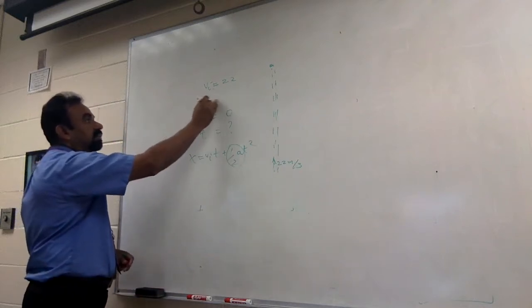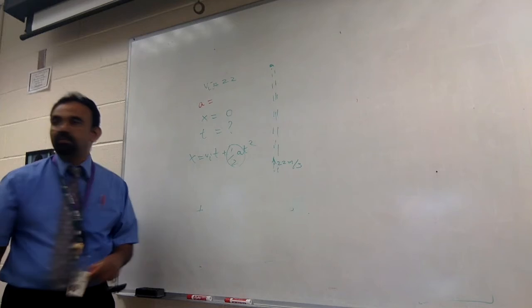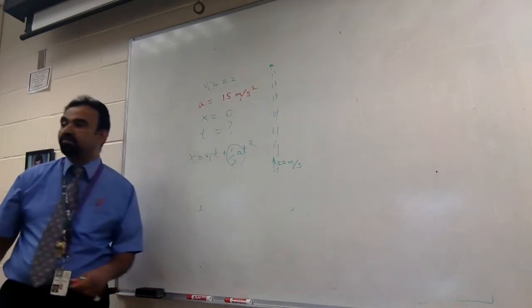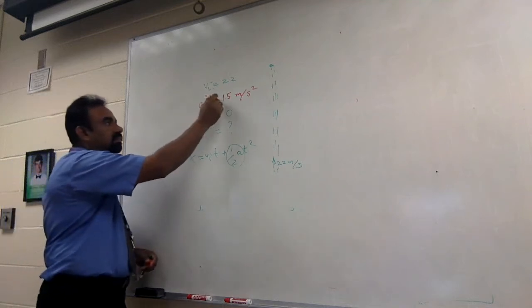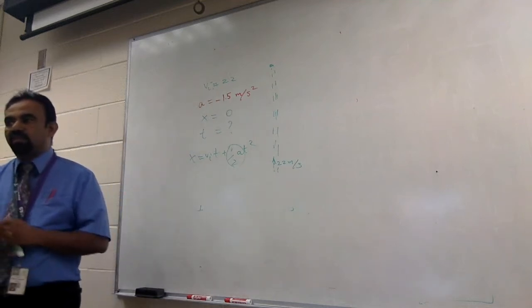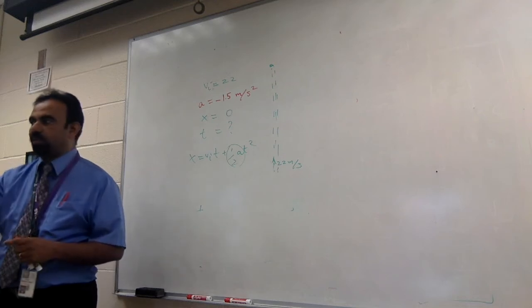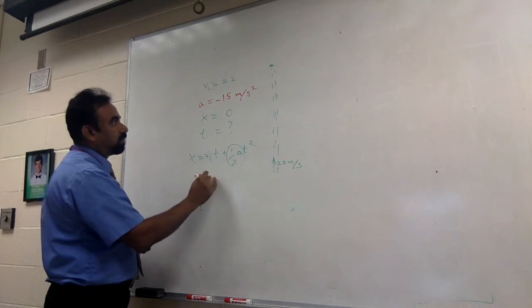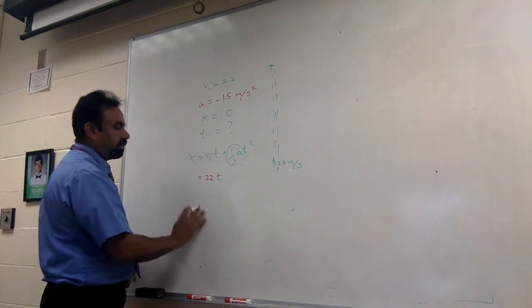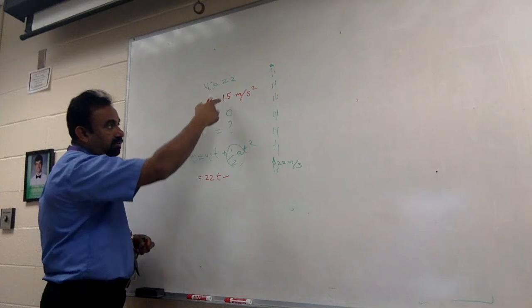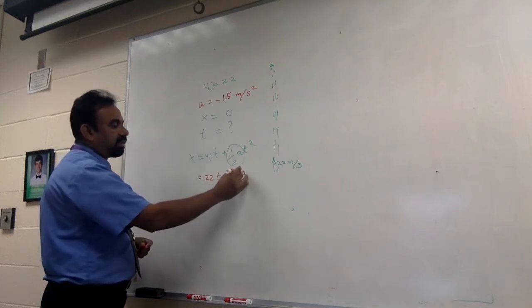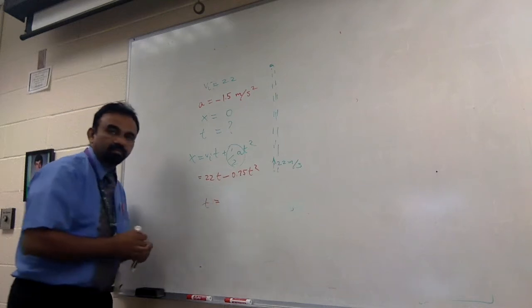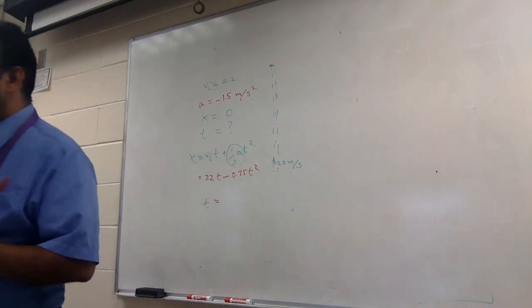What do you write here? Is it okay? No. You should understand, even if it's the moon, it is still directed that way. So negative 1.5, then you apply it. So it will be 22t minus half of that, 0.75t squared, and then work it out. Okay? Get it?